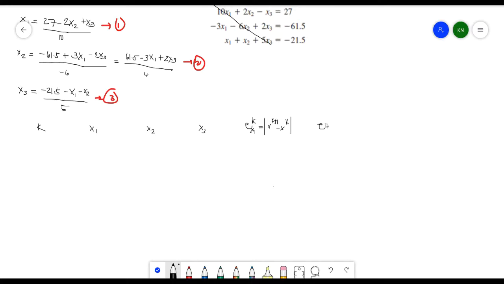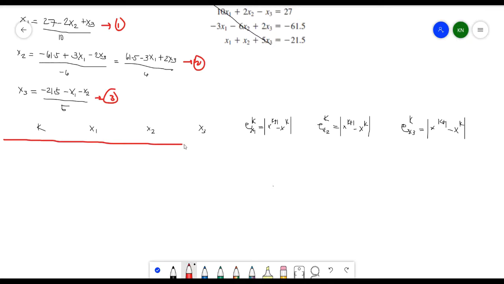The relative error of our x sub 2 is the absolute value of the same equation, x k plus 1 minus x raised to k, and the same for the relative error of our x sub 3. So these are the needed values to solve our Gauss-Seidel method.